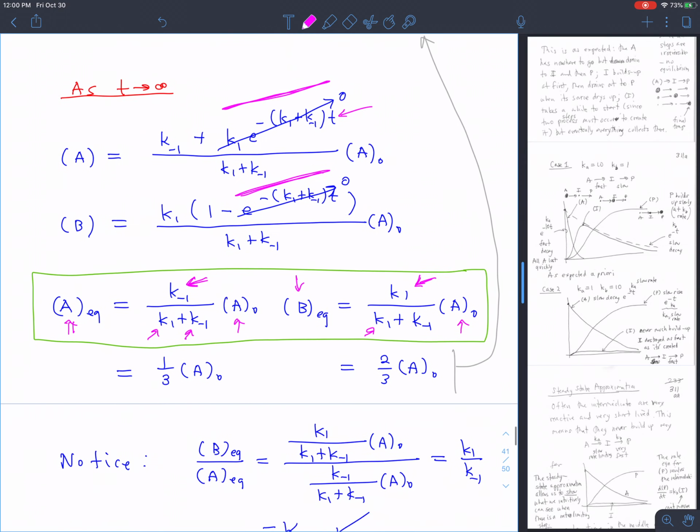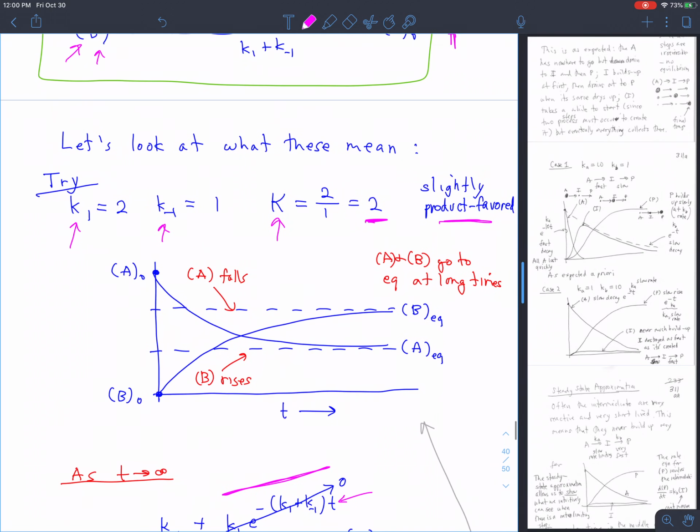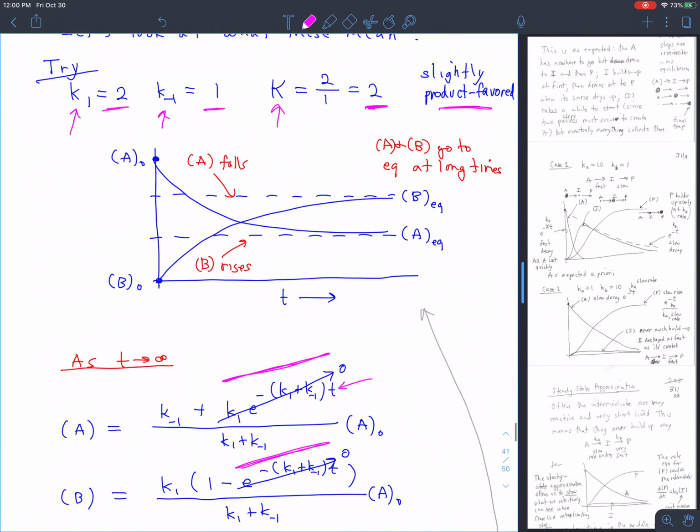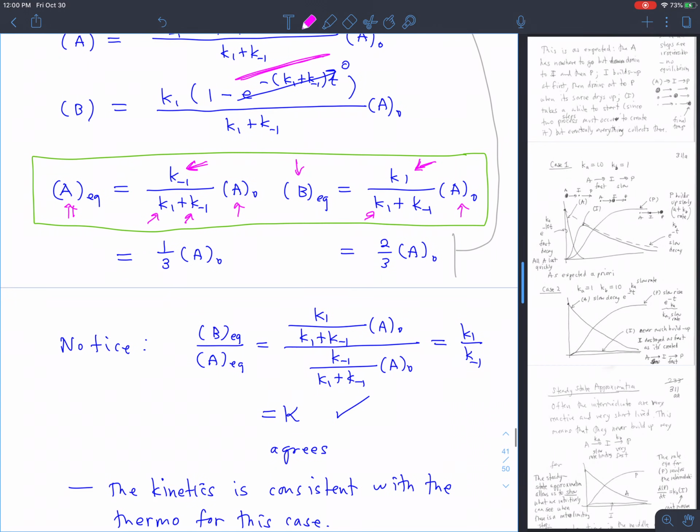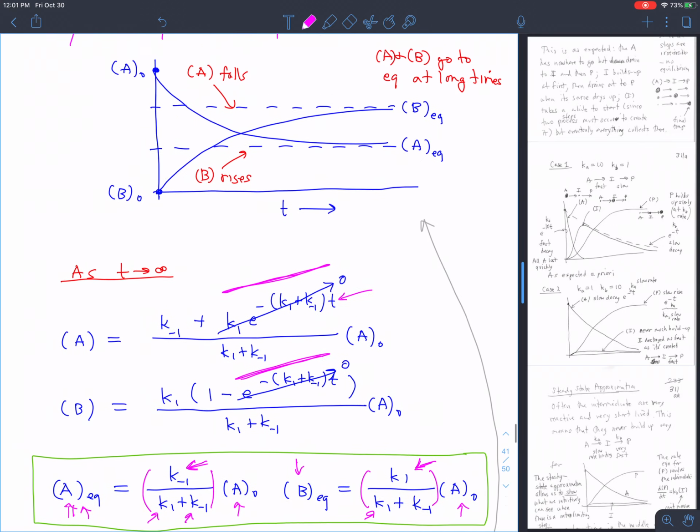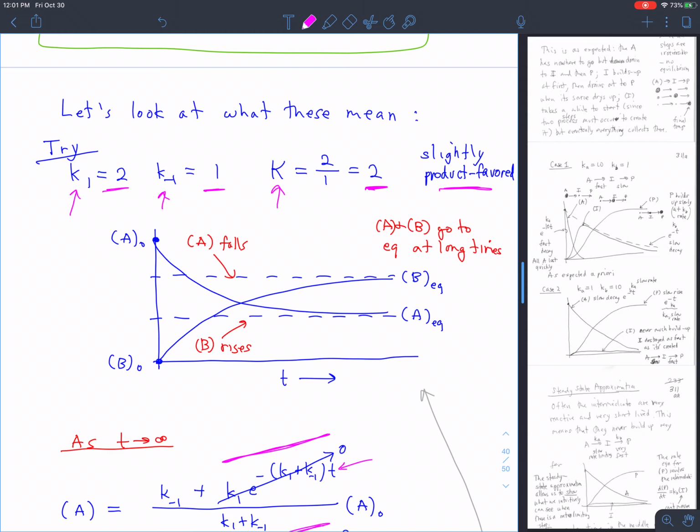times the initial amount A0 present. If K1 is equal to 2 and K minus 1 is equal to 1, then this thing in front here is just 1/3, and this thing in front is just 2/3, and so for this particular case, the equilibrium concentration is 1/3 times the initial amount of A, and 2/3 for B times the initial amount of A. And so if we plot those, here's what we get.